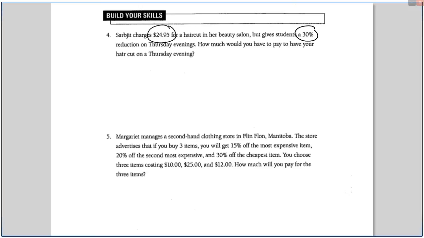So here's the 30% reduction. So how much do you pay? So again, it's always the same first step, where you turn the percentage into the decimal. Don't forget, that's divide by 100. Just moves the decimal twice.